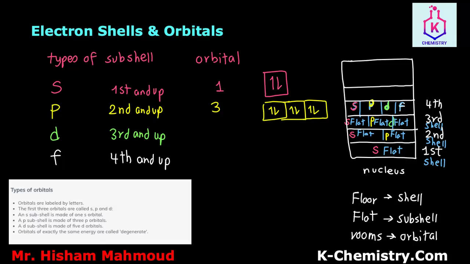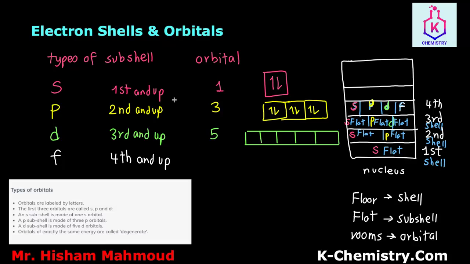In case of D, this subshell contains 5 orbitals inside it. So let's draw 1, 2, 3, 4, and 5.